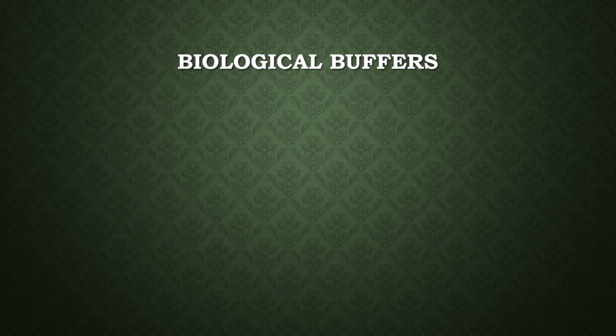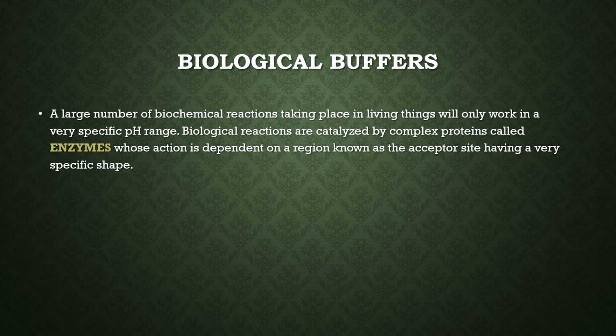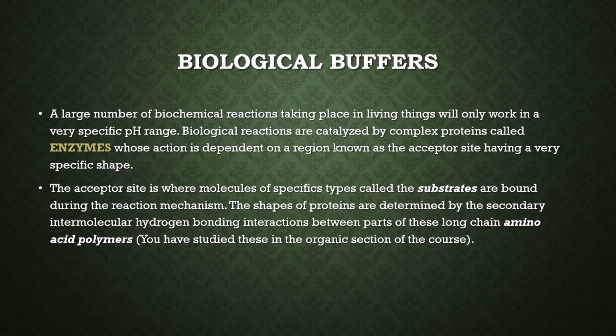Now, I said before that buffers are essentially artificially created, but there are biological ones as well that do exist in nature, and a large number of biochemical reactions taking place in living things only work within a very specific and narrow pH range. Biological reactions are catalyzed by complex proteins called enzymes, whose action is dependent on a region known as the acceptor site having a very specific shape.